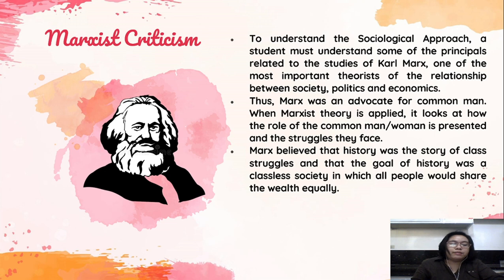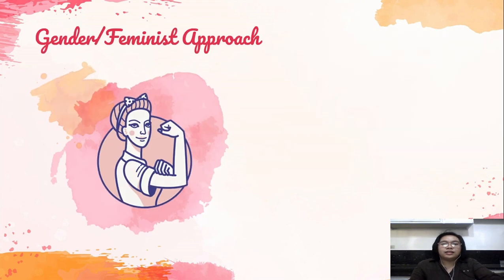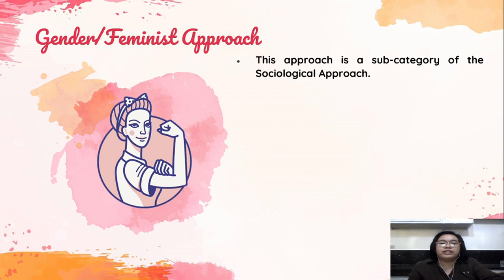So basically, Marx's approach in criticism looks for the relationship between societal classes and how this affects these types of social classes. Next is the gender or the feminist approach.